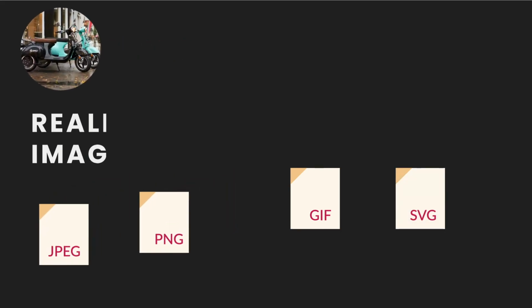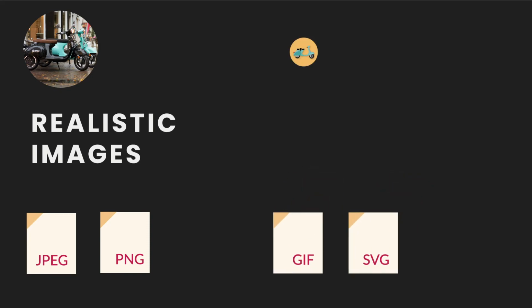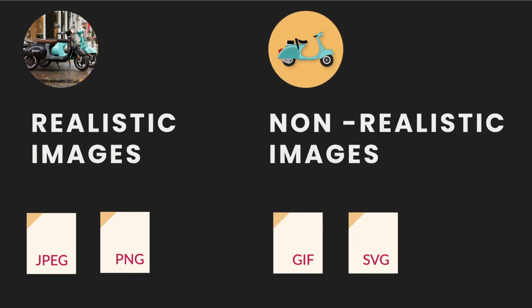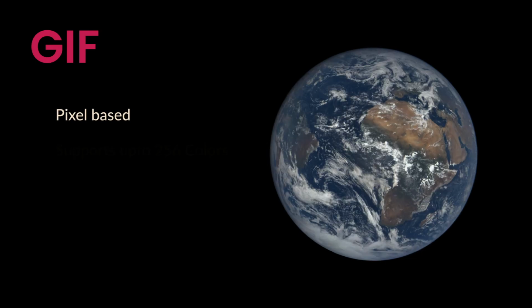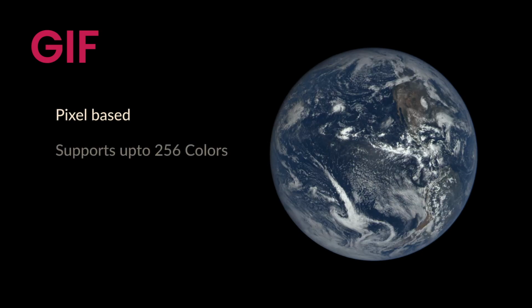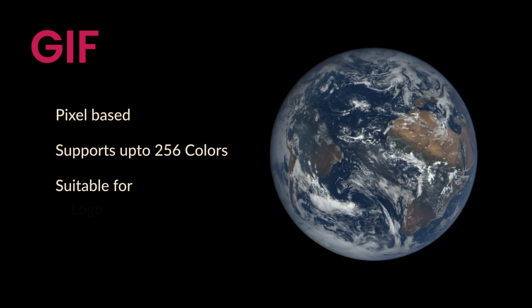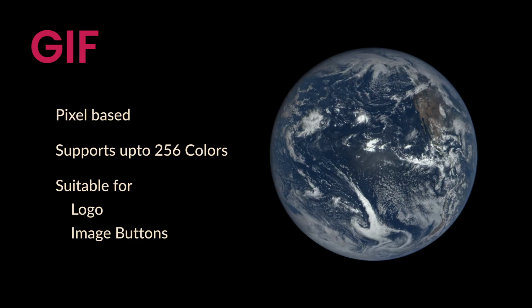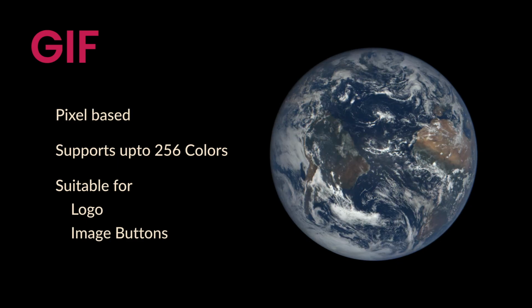While JPEGs and PNGs are a suitable choice for realistic images with high color information, GIFs and SVGs are suitable for non-realistic images. Though a GIF also works pixel-based and is not a true vector type, their support for only up to 256 colors makes them suitable for low color information images such as a logo or button image, rather than ones that look realistic with thousands of colors.